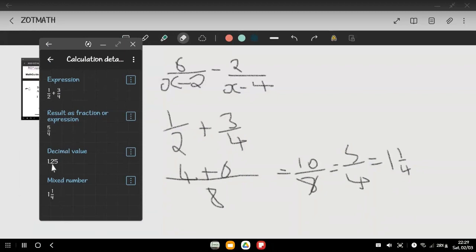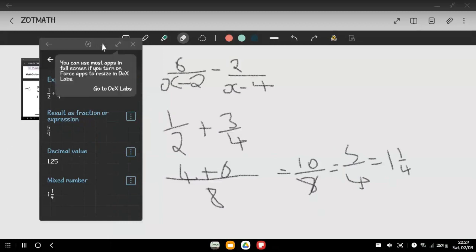Then there's also 1.25, which is the same as the mixed value 1 and 1 over 4, like this. Are you seeing these calculations? There's the expression result as a fraction, a decimal value and the mixed value. The same exact things that we are seeing here. You've seen them, right? So there's no difference.